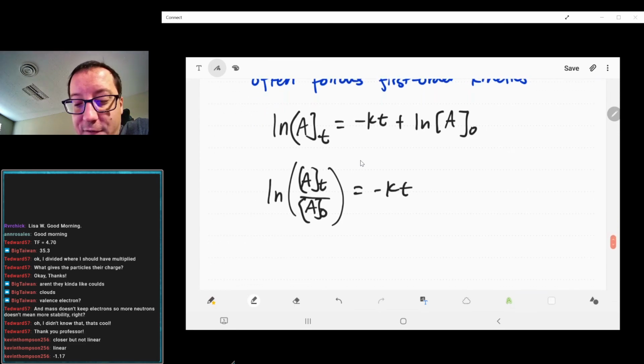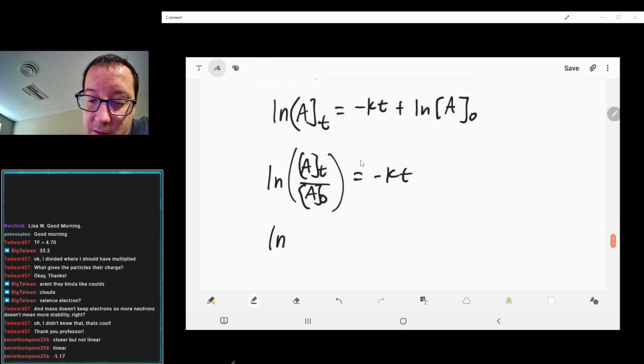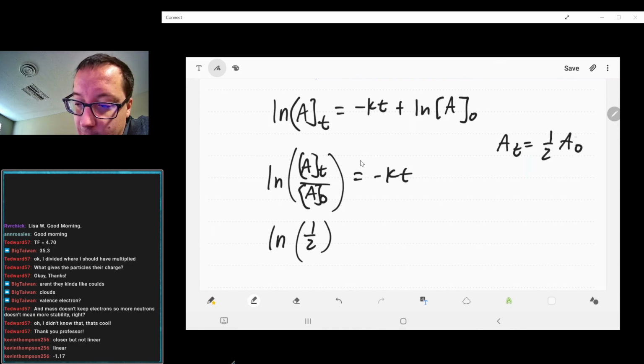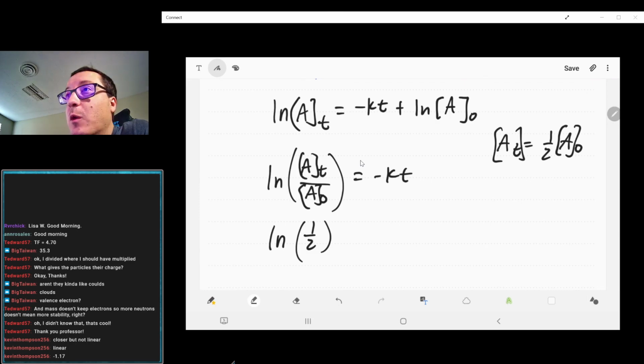If we have half the amount remaining, we have ln of 1/2 over 1, and that would be equal to negative k times the half-life.